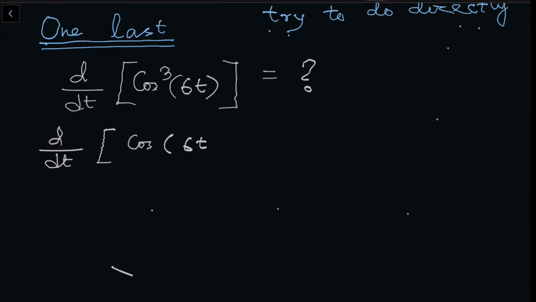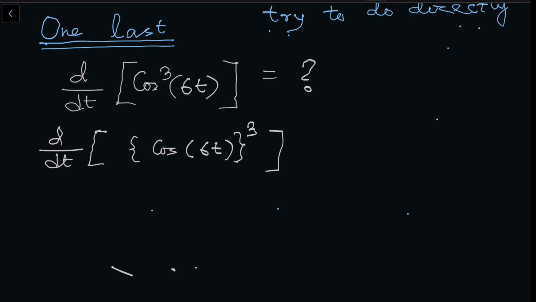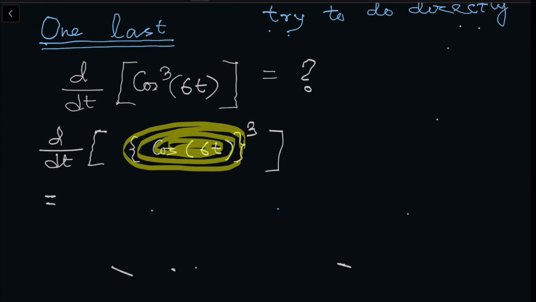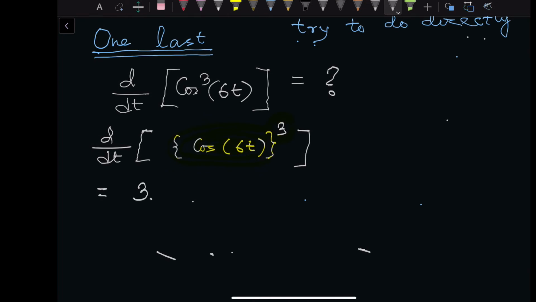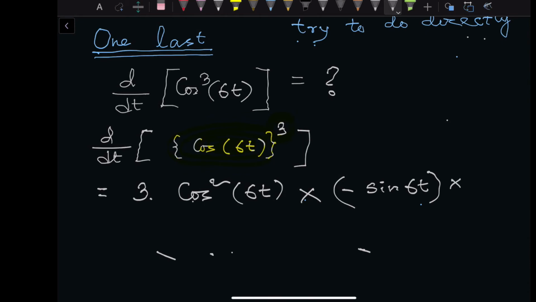First, we will consider cos cube 6t to be (cos 6t) whole cube, power 3 means consider this to be a single term, whole to the power 3. 3 comes first, then the power becomes 2, decreases by 1. So cos square 6t, then going inside the bracket, we will get cos 6t. Differentiation of cos 6t will be minus sine 6t, again into 6.